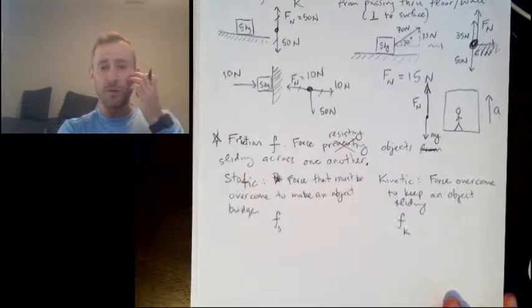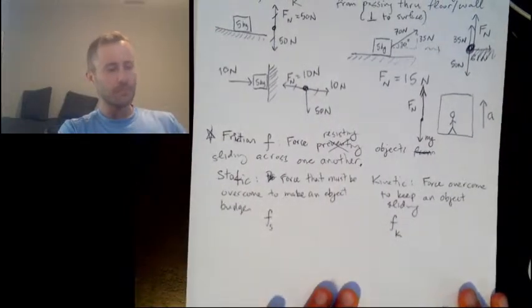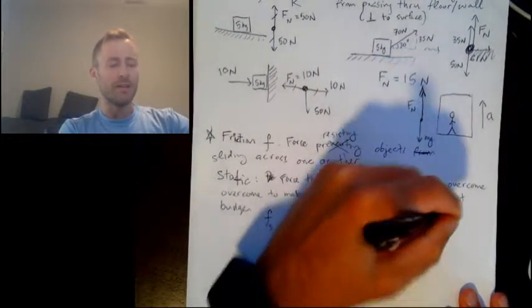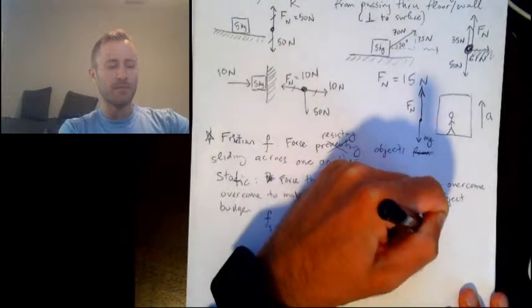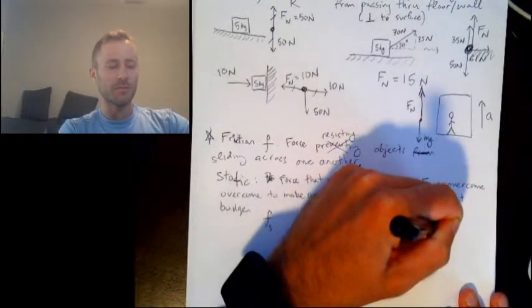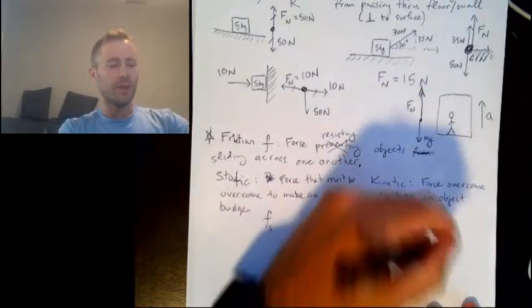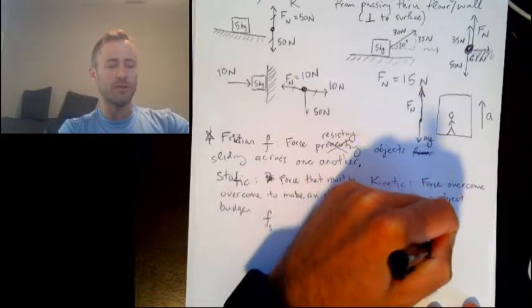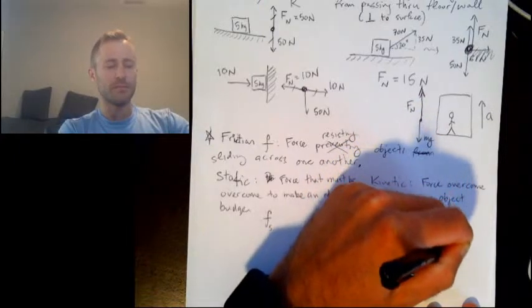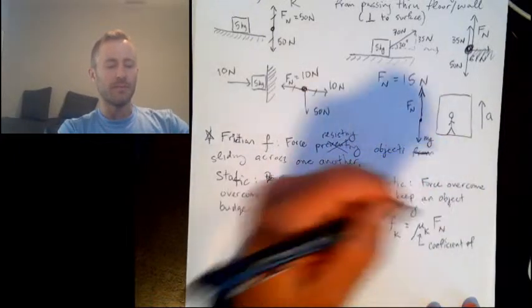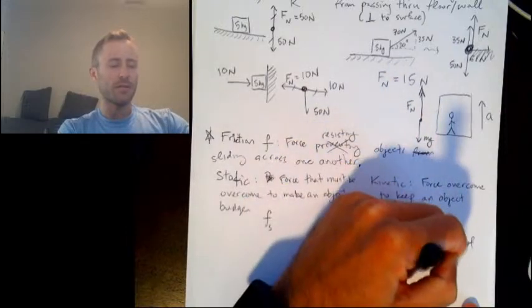So there's a formula for kinetic friction. Okay? And it is mu sub K times the normal force. Mu sub K is called the coefficient of kinetic friction.